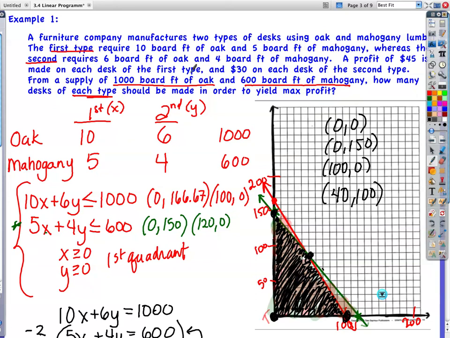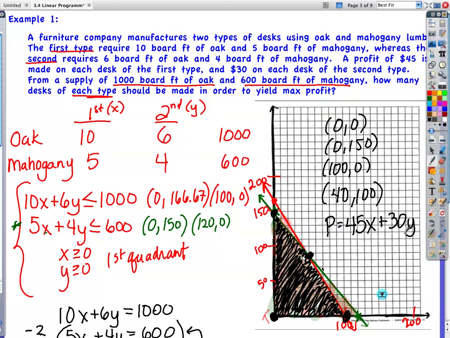Okay, so my profit statement is going to be something like 45x, because my first type of desk is the x, plus, what did it say again? $30 on each of the second type. So you got a 30y.